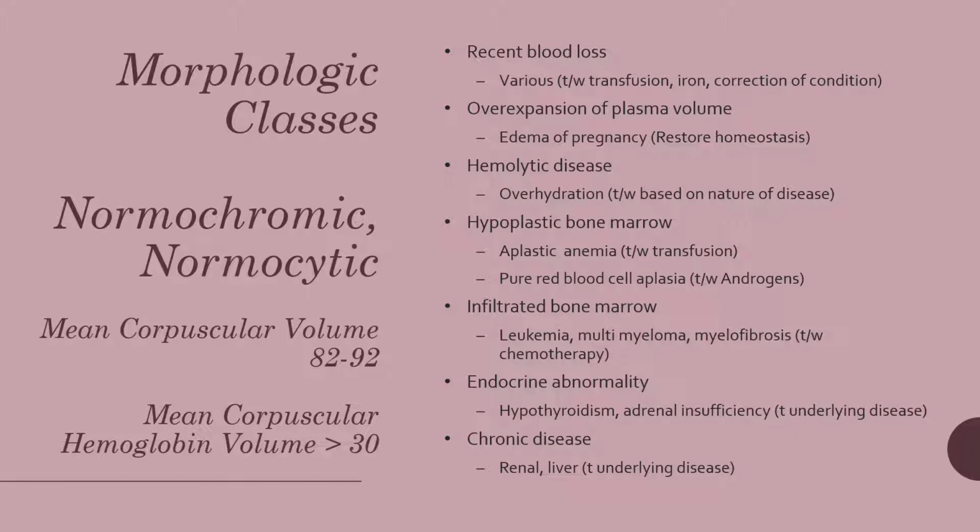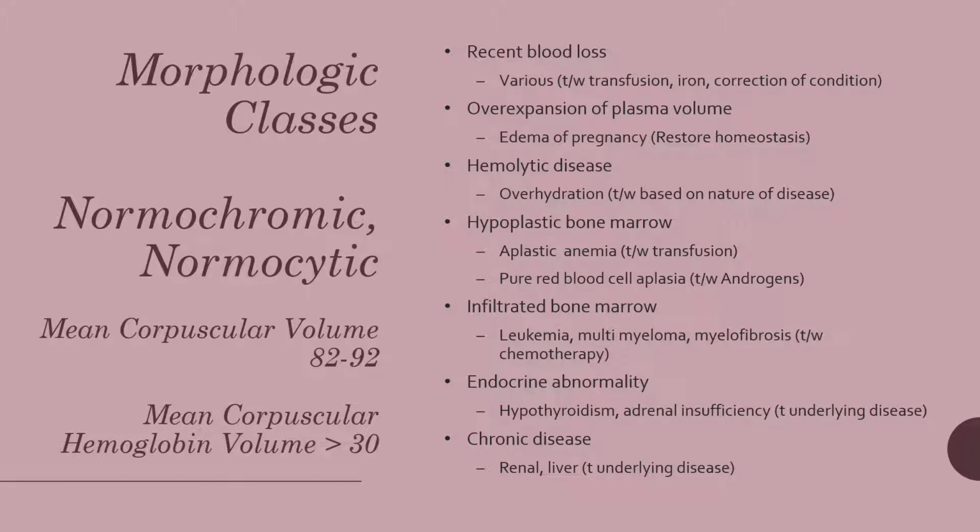Okay, we can also see an anemia when we actually have normal sized cells and normal amounts of hemoglobin in the red blood cells. So in this case, our mean corpuscular volume will be normal between 82 and 92, and our mean corpuscular hemoglobin volume will be greater than 30.